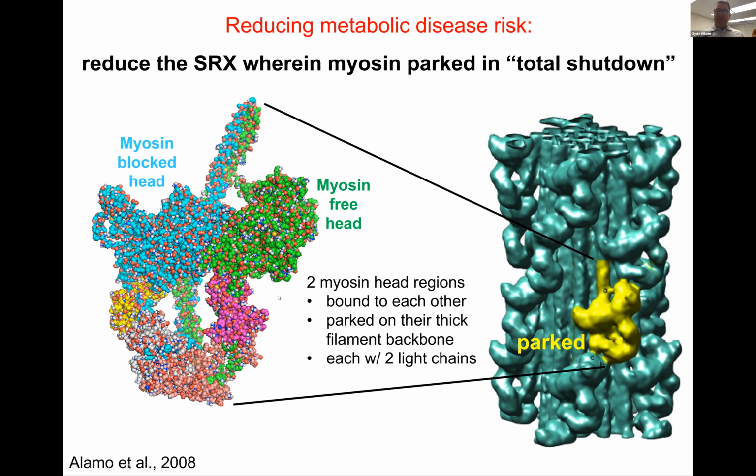And here to the left is a space-filling model of those 2 myosin heads, blue and green, each of whose neck linkers have 2 smaller proteins on them, the light chains, the essential light chain and the regulatory light chain. For the green head, that's in pink and salmon colors, and for the blue head, yellow and white.